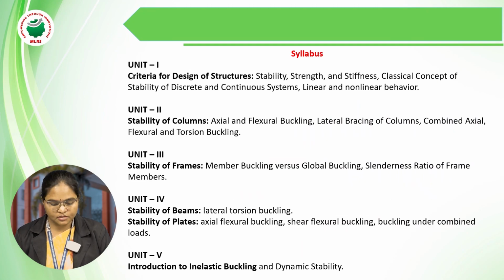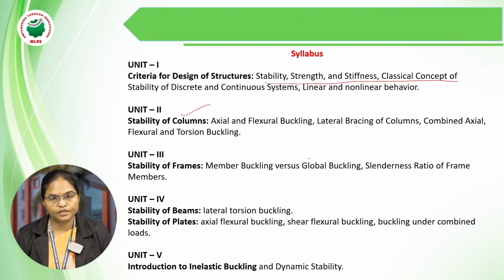And this is the syllabus. From Unit 1, criteria for design of structures, these are the topics: stability, strength and stiffness, classical concept of stability of discrete and continuous systems, linear and non-linear behavior. From Unit 2, stability of columns, axial and flexural buckling, lateral bracing of columns, combined axial, flexural and torsional buckling.